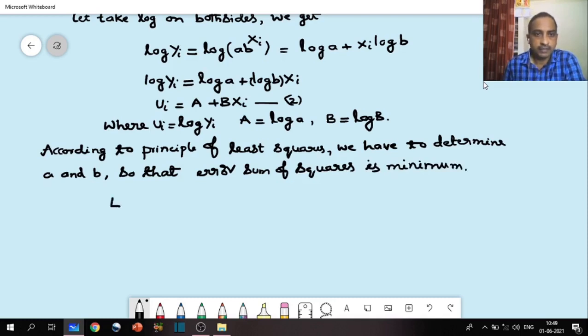What is the error sum of squares? E equals summation i equals 1 to n of (ui minus (A plus B xi)) the whole squared, which is minimum.